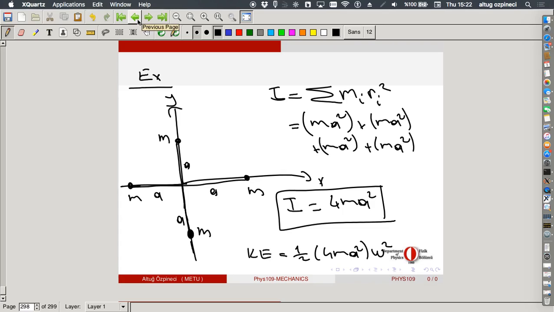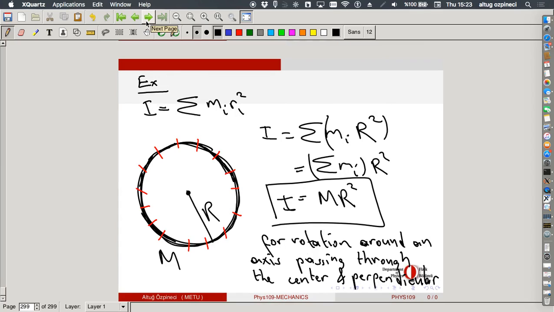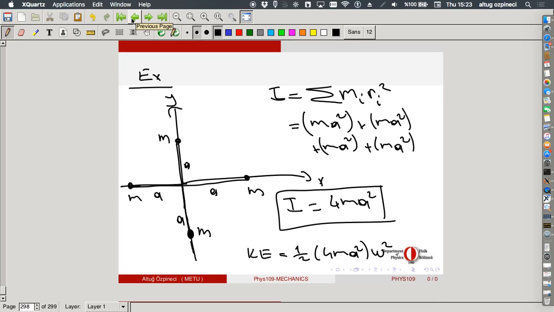Well, you see, these are two different configurations. But the total mass of this object is 4m. In the other example, the total mass is m. Now, in this example, the mass doesn't have to be distributed uniformly over the ring. The previous example, this one, is in fact nothing but a ring.